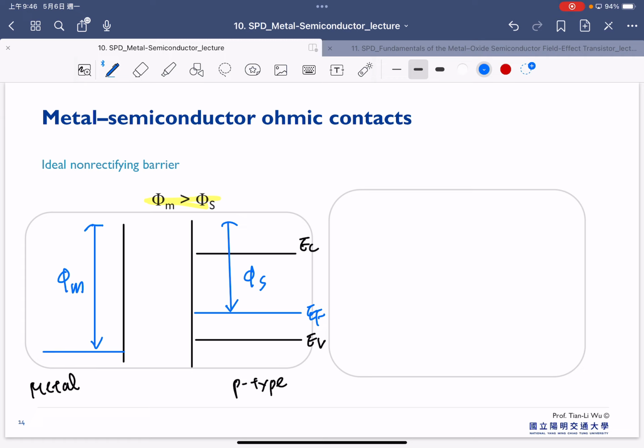So once we connect this junction, then as usual, we first of all... and our Fermi energy is constant through the system.